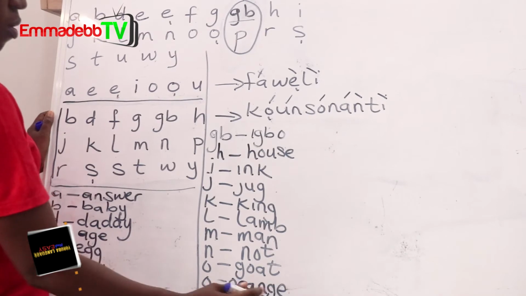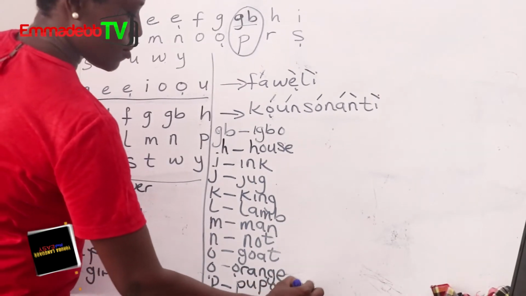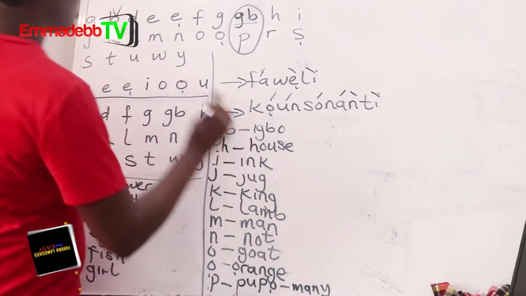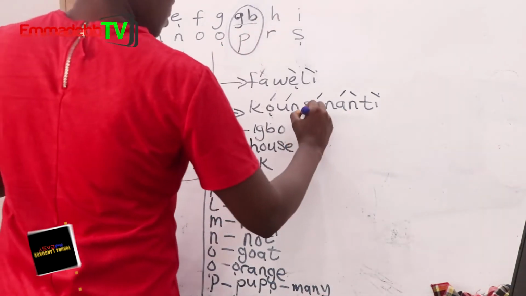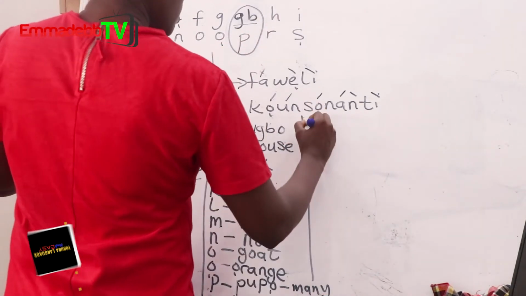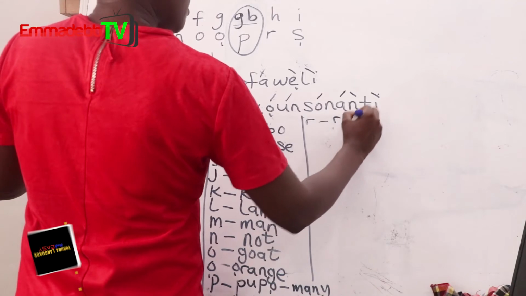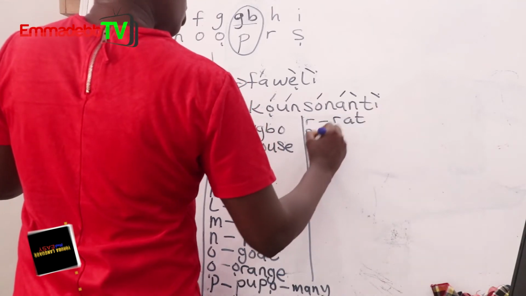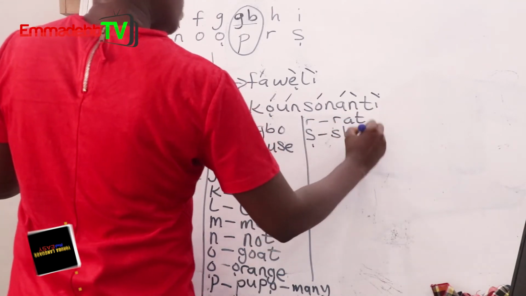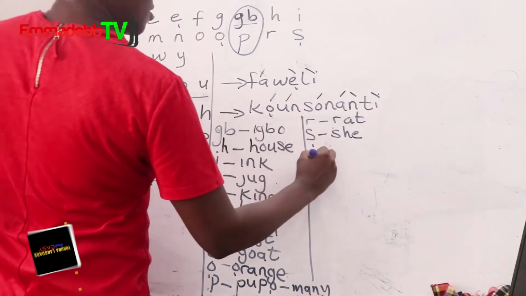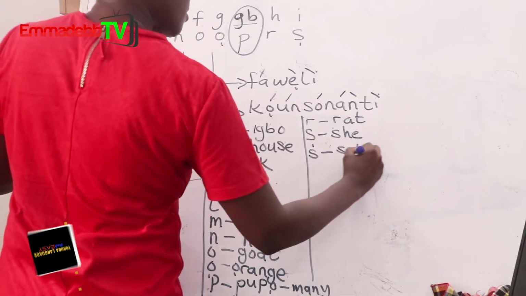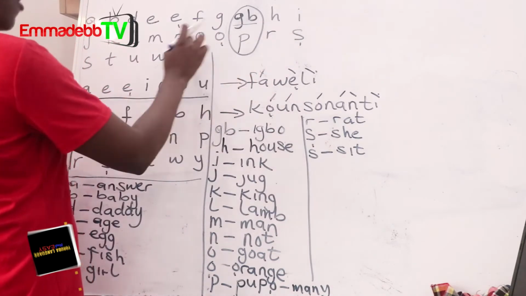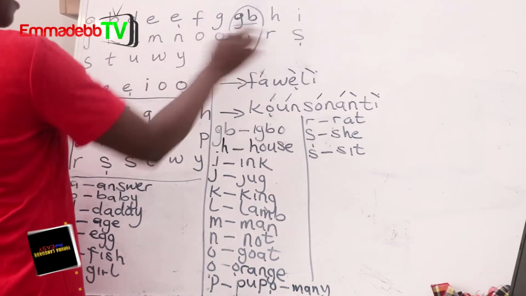This is pupo, meaning many. R as in rat. Sh as in she.